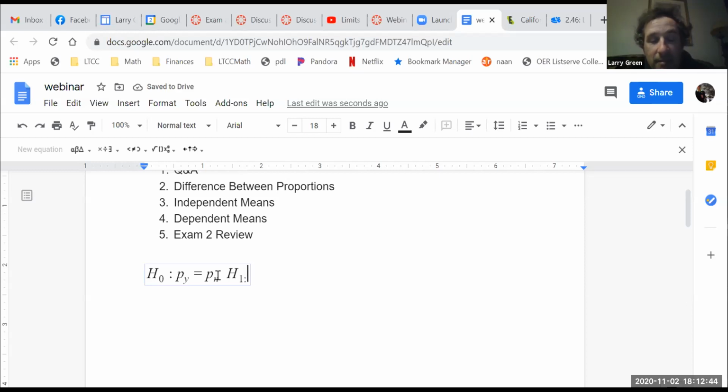And I'm going to hypothesize that this is going to lose. Okay, I don't know if it's true or not. Oops, H1. If it loses, what is the inequality now?